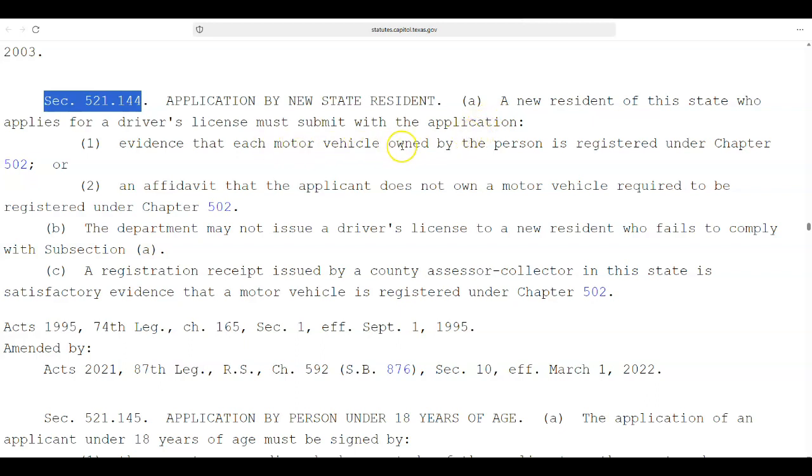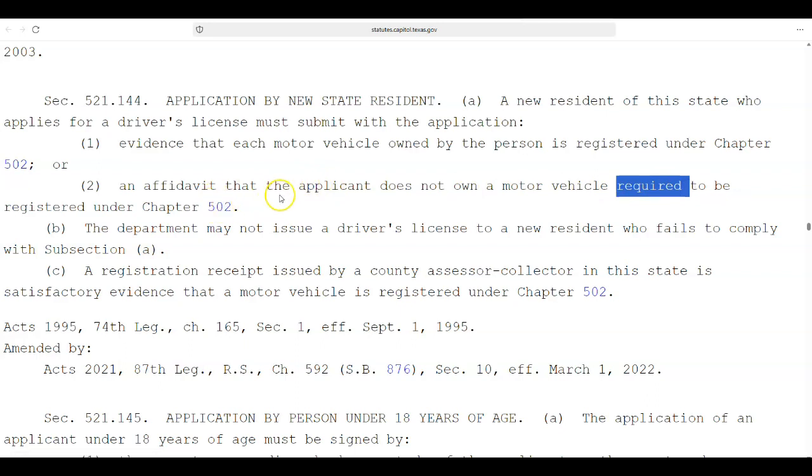Evidence that each motor vehicle owned by the person is registered under Chapter 502. Okay, we just went through 502. Okay, or an affidavit that the applicant does not own a motor vehicle required to be registered under Chapter 502.